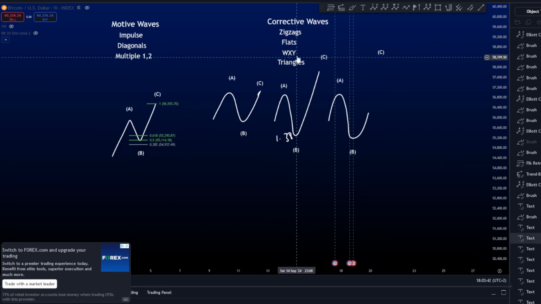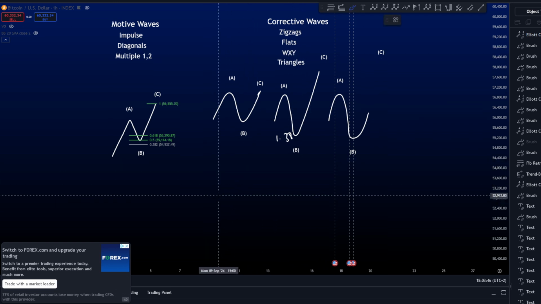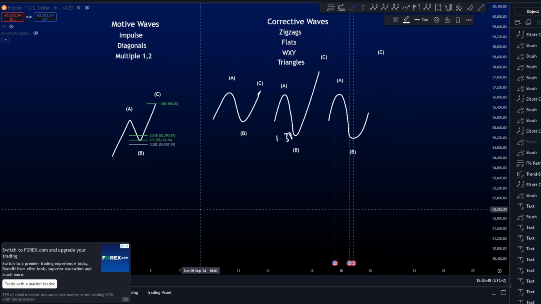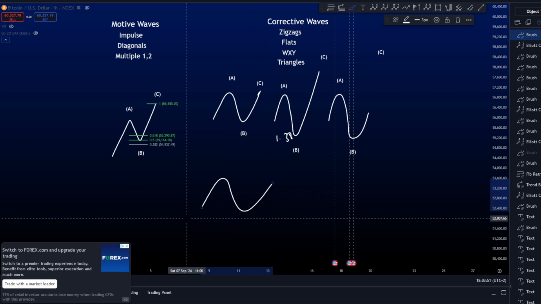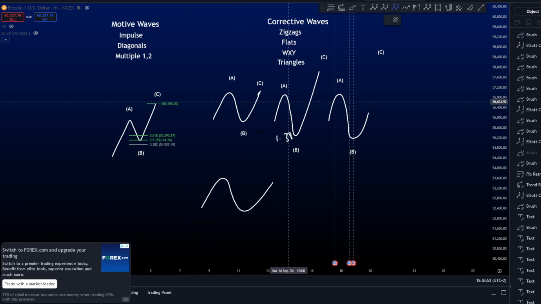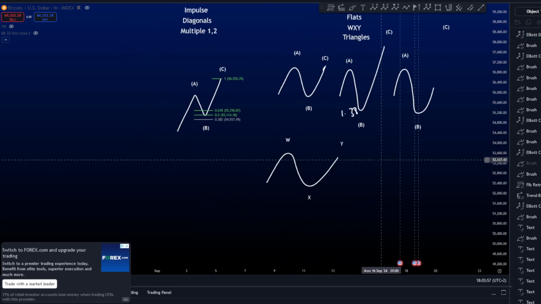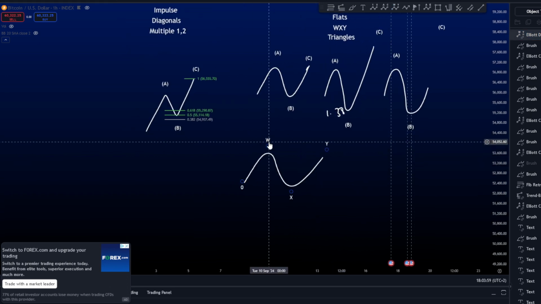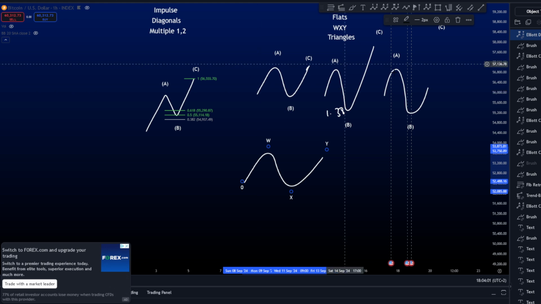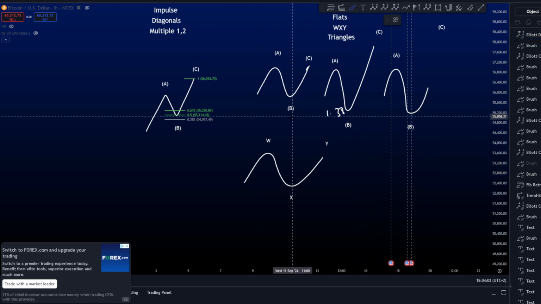We have, of course, something else here as WXY. Your WXY, normally, is 3 corrective waves, right? Labeled as W, X and Y. Normally, why do we call it a WXY, since we already have 3 waves as flats?